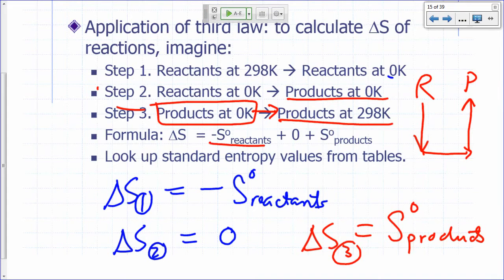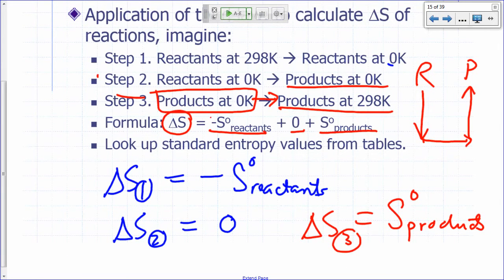So negative standard entropy of the reactants plus 0 plus the standard entropy of the products allows you to calculate delta S for a reaction. You can look up values of standard entropies from tables. So delta S for a reaction is the sum of the standard entropies of the products minus the sum of the standard entropies of the reactants.